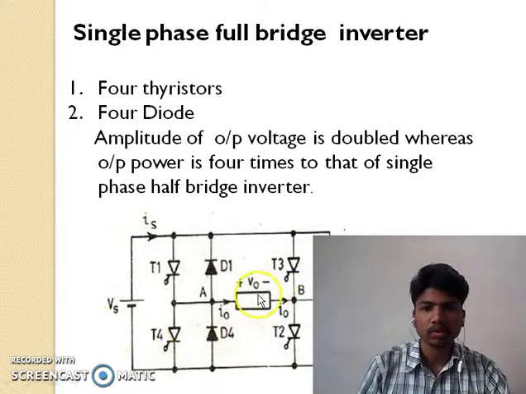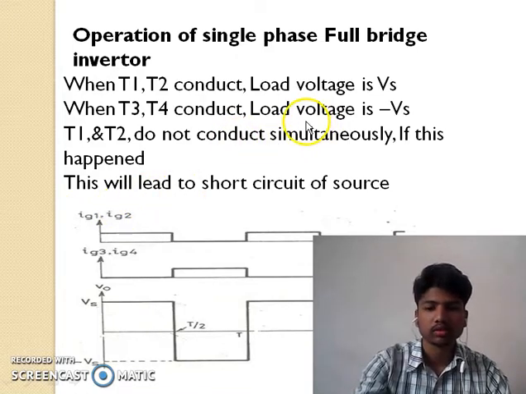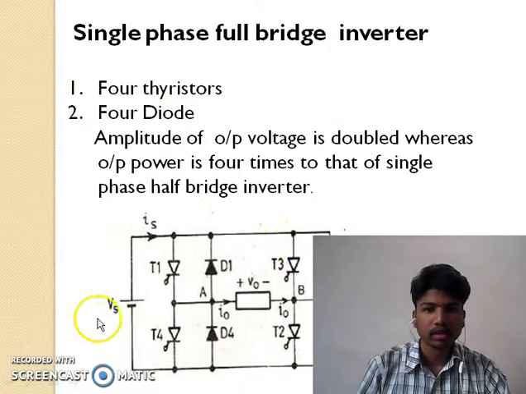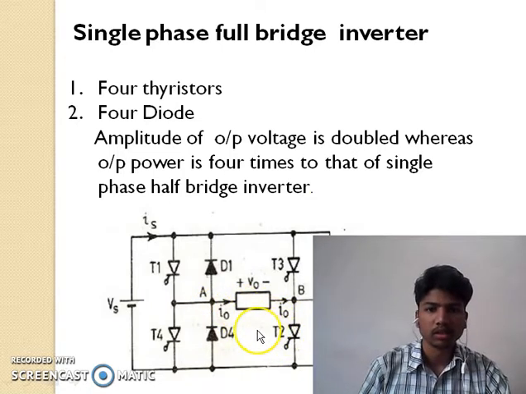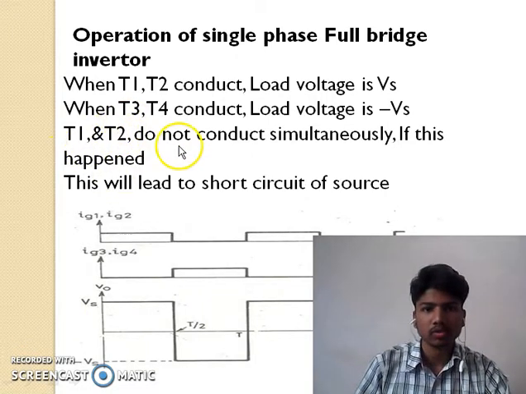At that time T3 and T4 will be off and the output is Vs. Again, when T3 and T4 conduct, the load voltage is minus Vs. The circuit diagram will be like this, the polarity of the load changes, and we get at the output minus Vs. If T1 and T2 do not conduct simultaneously, the chance of a short circuit increases.